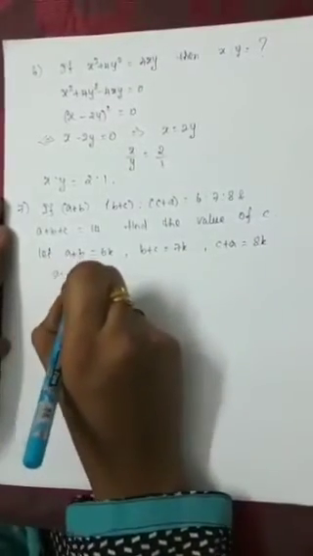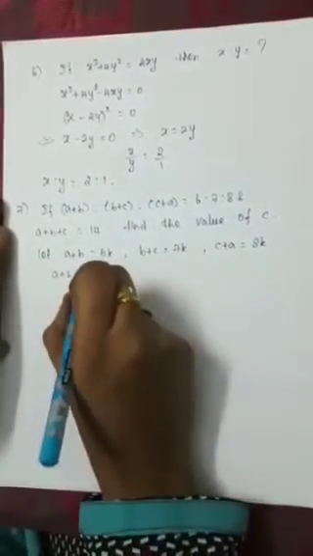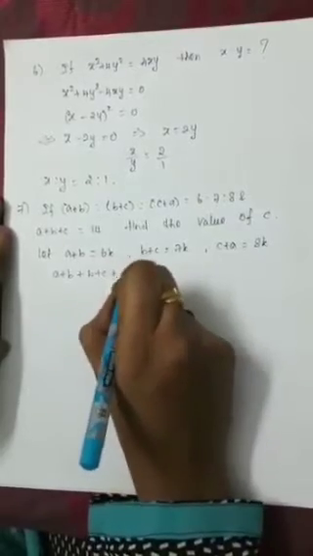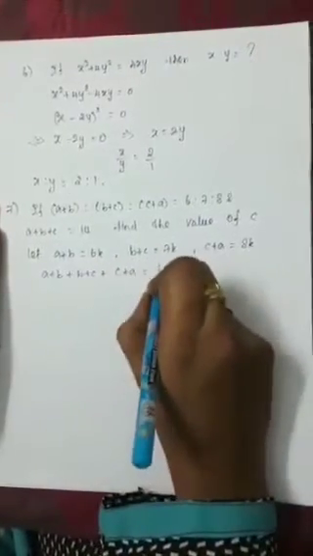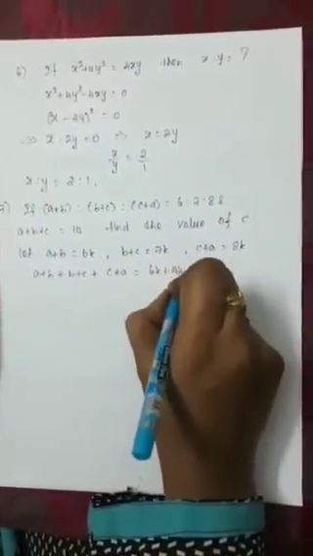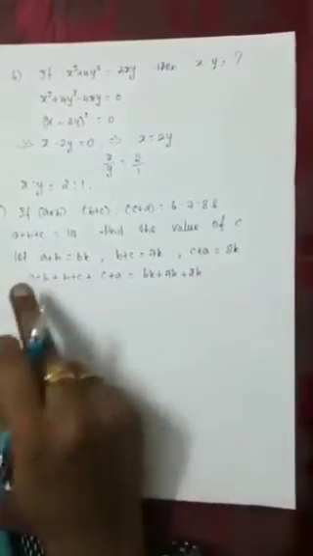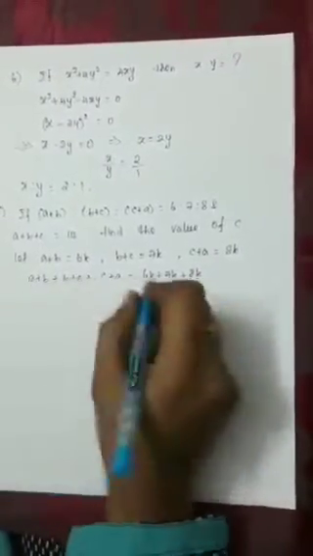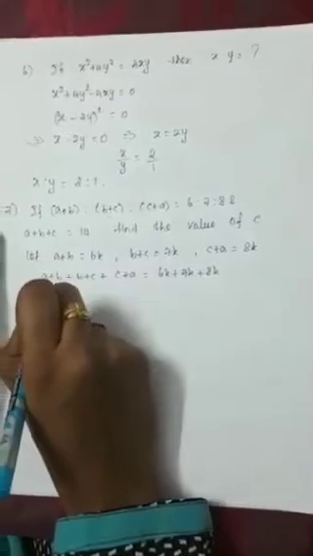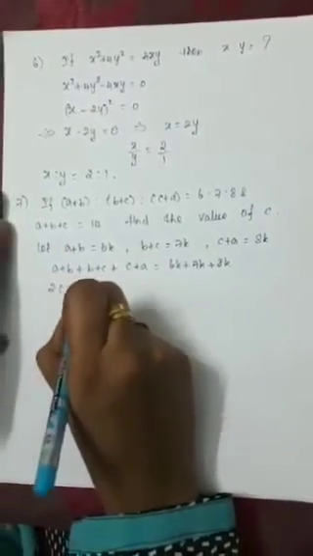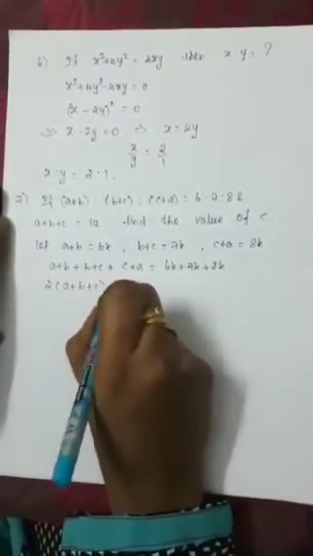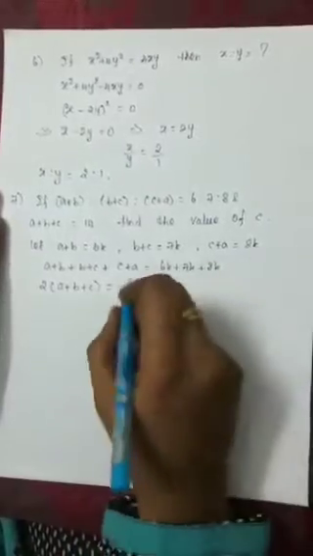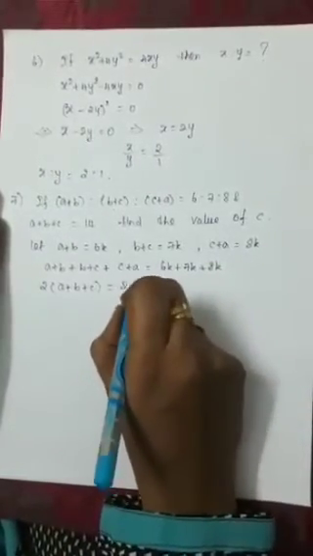Adding these equations, a plus b plus b plus c plus c plus a is equal to 6k plus 7k plus 8k. A plus a, b plus b, c plus c, so 2 times of a plus b plus c is equal to, adding this, 21k.